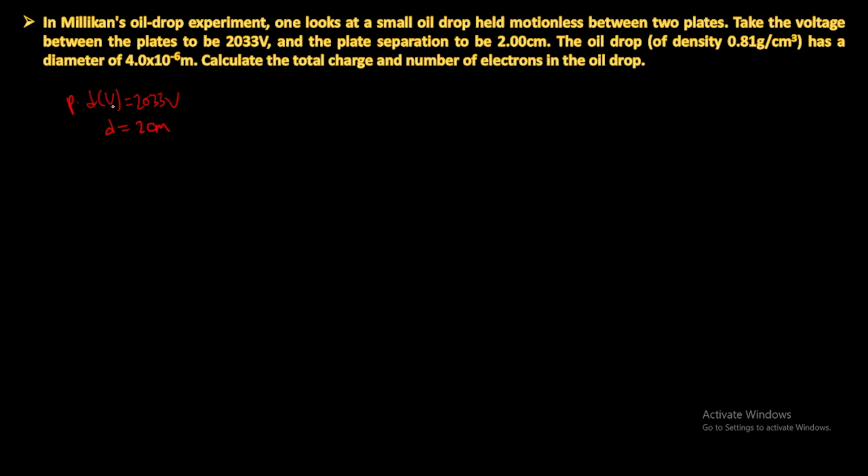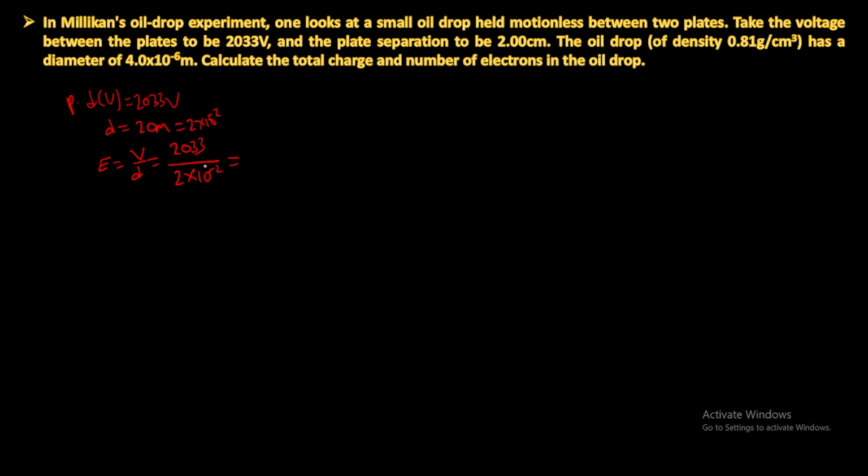Whenever there is a potential difference between two plates and the separation between them is known, we can easily find the electric field set up between the parallel plates, given by V by d. V is 2033 divided by d, which we have to convert into SI, 2 into 10 to the power minus 2.